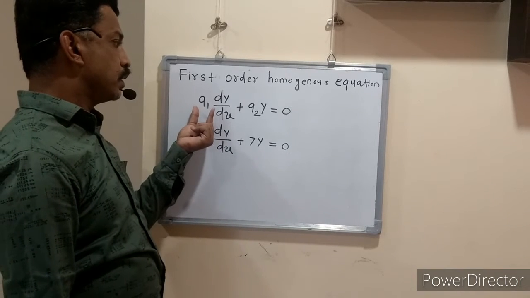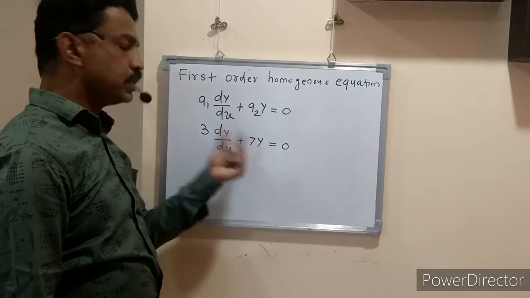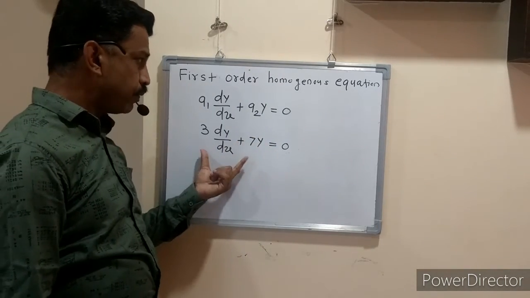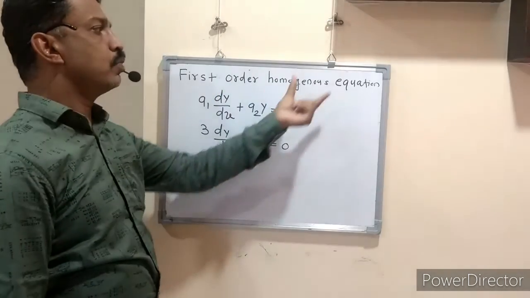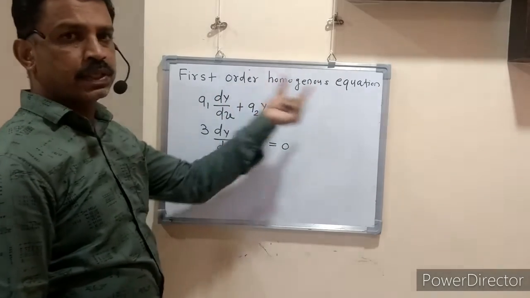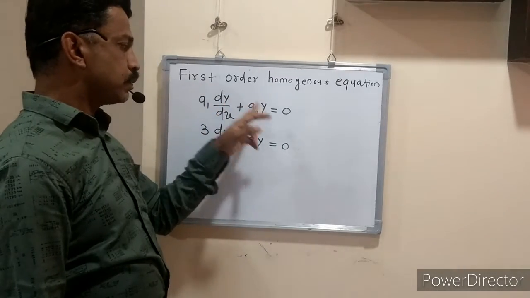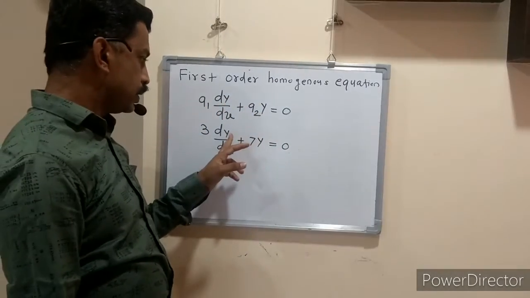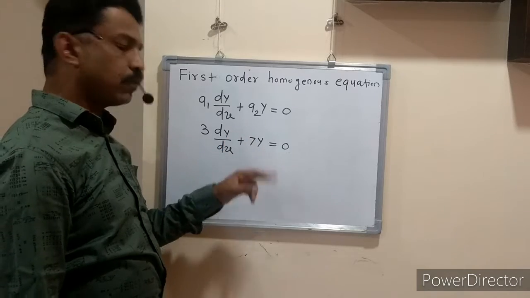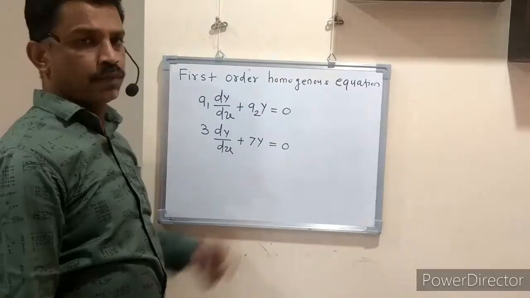Here the value of a1 is 3 and the value of a2 is 7. Homogeneous means the dependent term y is present in each and every part of the equation. So here y is present, here also y is present. Such type of equation is known as homogeneous equation.